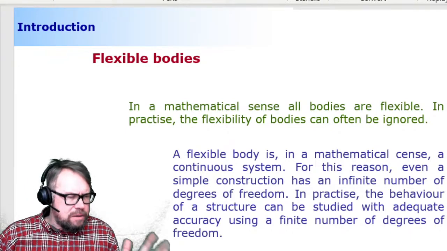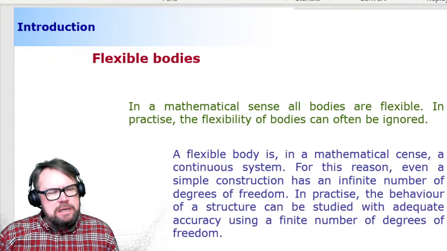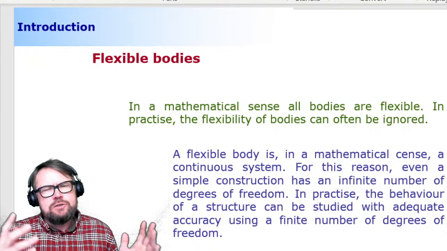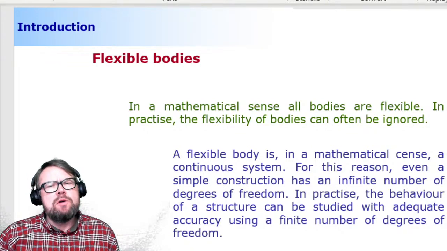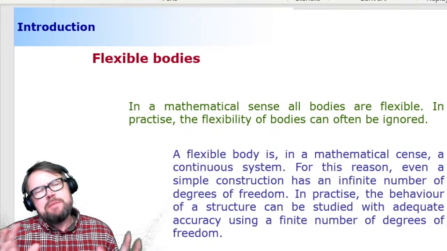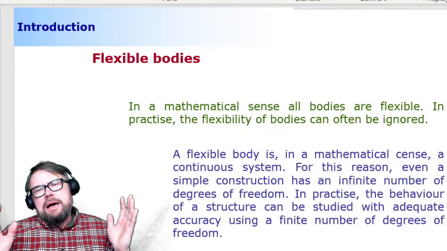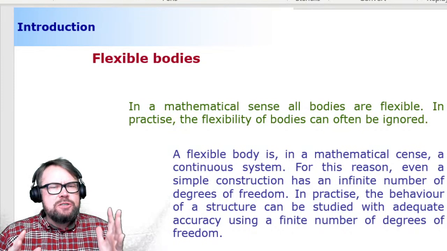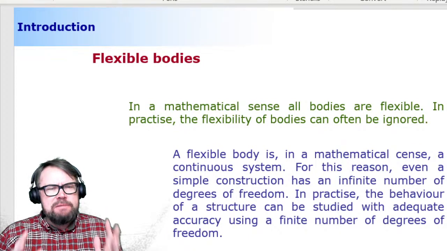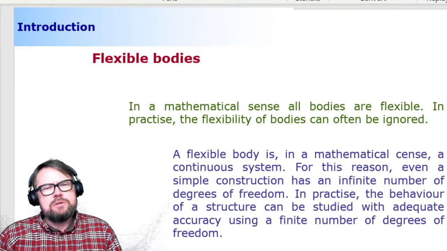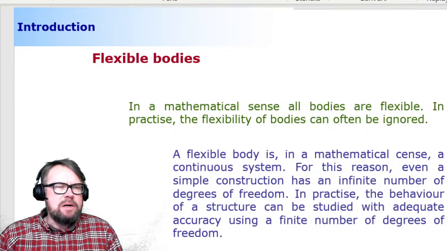Because in real life, like we discussed earlier, there's no such thing as a rigid body. Every single body on this planet, and maybe other planets too, is deformable. Other planets, I'm not sure about, but at least on this planet they are deformable bodies. Is the deformation significant enough to make a contribution to the dynamic response?